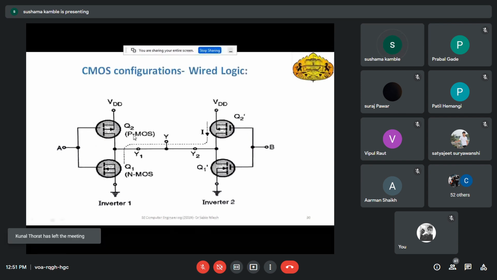Q2 is going to be on, and this is connected to VDD. Q1 dash is going to be on, and this is connected to ground. Can we get the output voltage as high or low?